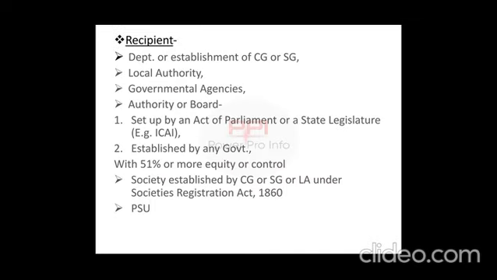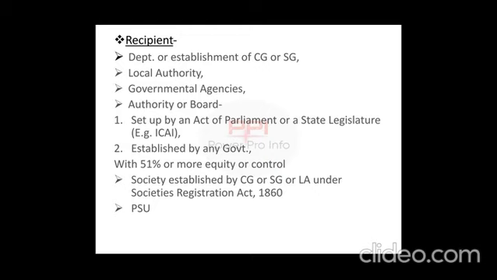Now let's understand what recipient means. That is the deductor who is required to deduct the TDS on the payment made. So the recipient can be a department or establishment of CG or SG. It can be a local authority or governmental agencies or an authority or board set up by an Act of Parliament or a state legislature.